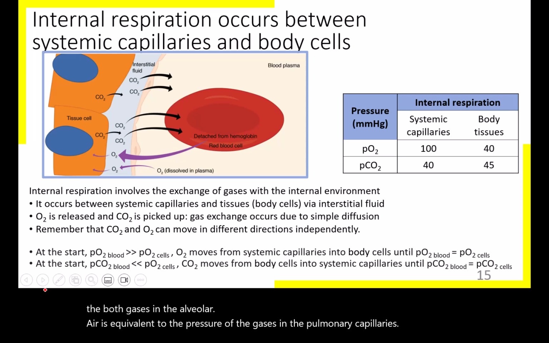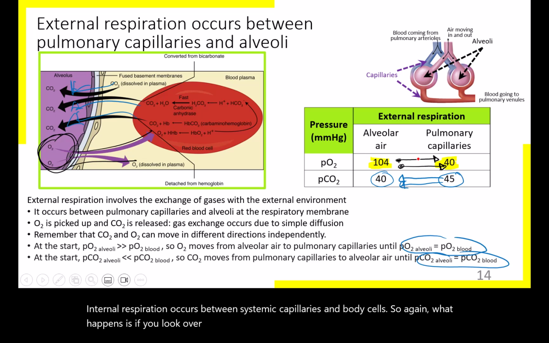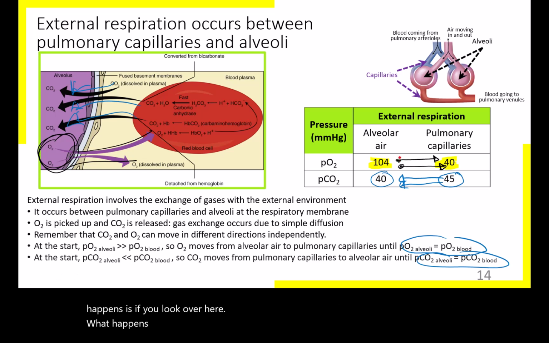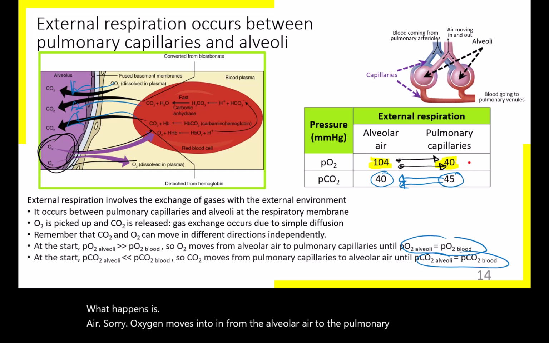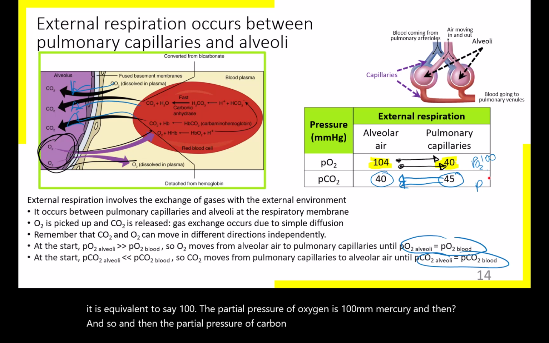Internal respiration occurs between systemic capillaries and body cells. So again, if you look over here, oxygen moves from the alveolar air to the pulmonary capillaries until the partial pressure of oxygen is equivalent to, say, 100 millimeters mercury, and the partial pressure of carbon dioxide is equivalent to 40 millimeters mercury.